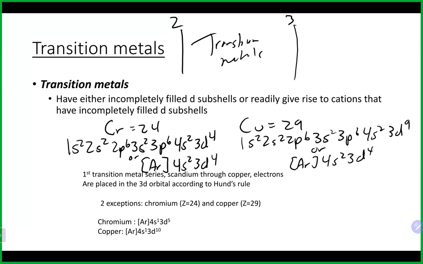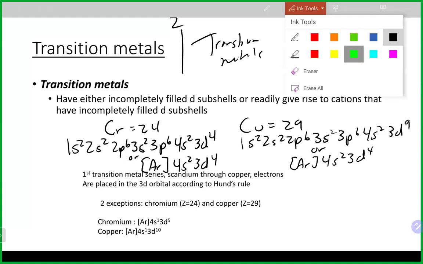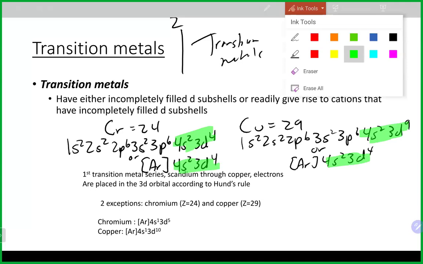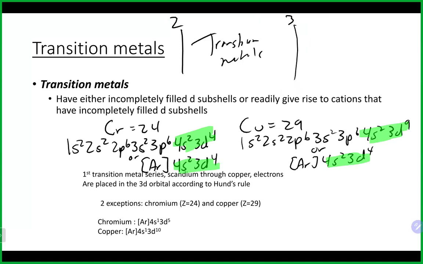So these are two exceptions, and the exceptions are right here in the last part of it. It's been found experimentally that in chromium and also in copper, there is actually one less electron in the s orbital and one more electron in the d orbital.